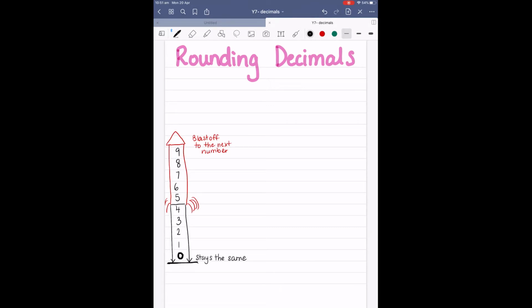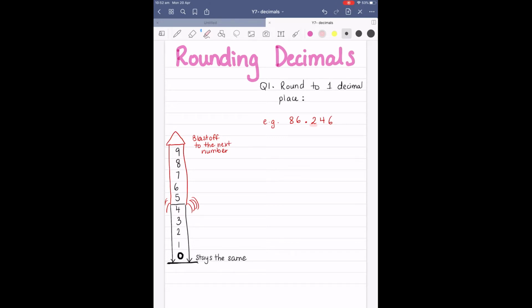Let's write down question number 1. Round to 1 decimal place. I'm going to give you an example. 86.246. In this question, when you round to 1 decimal place, it means you only want one number after the decimal point.